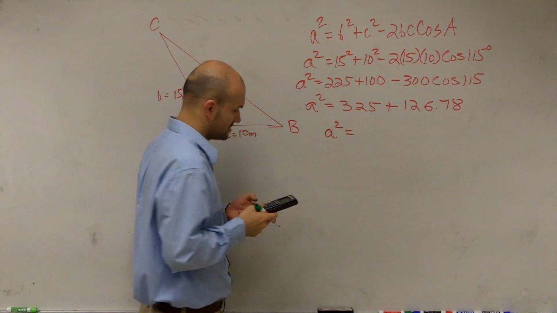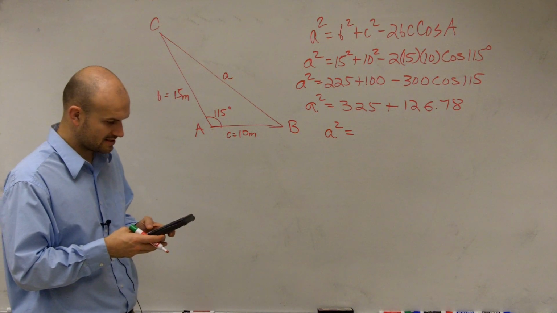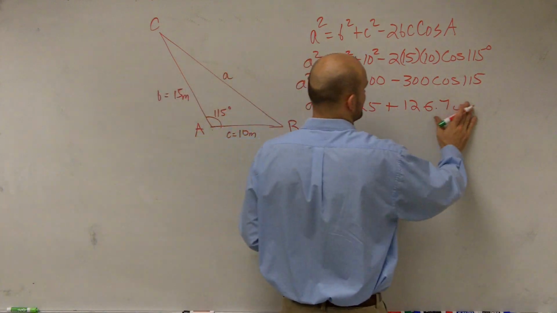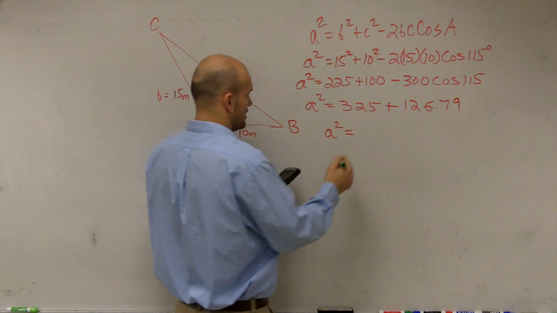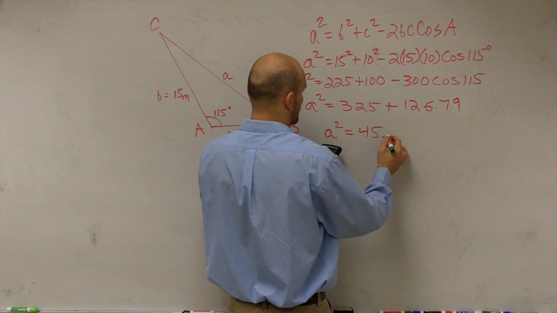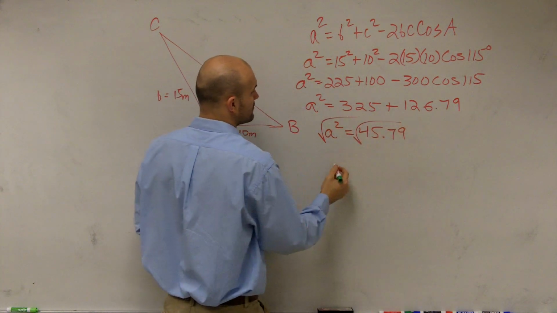A squared equals 325 plus 126.78. That's actually going to be rounded to 79, and I get a squared equals 451.79.